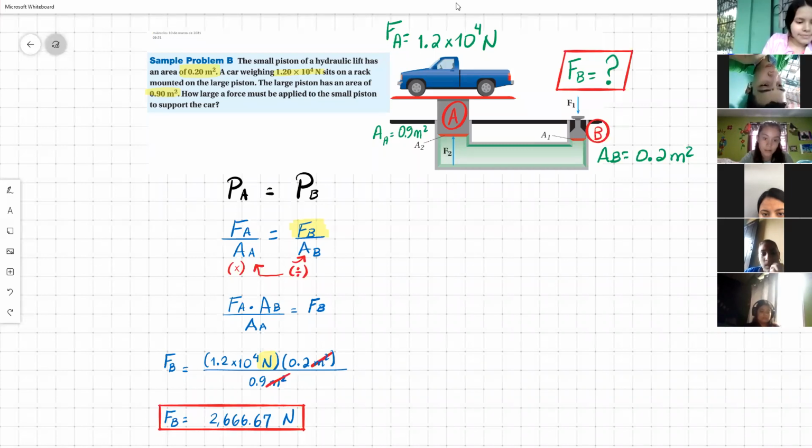Exactly. So you're going to put the information in the hydraulic lift and you will see where you need the information. And from that, you're going to isolate in the formula. The formula is not going to change. What is going to change is the isolation process. Okay, thank you, Miss.